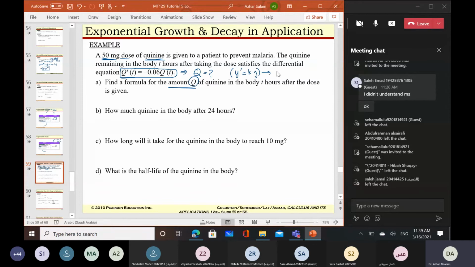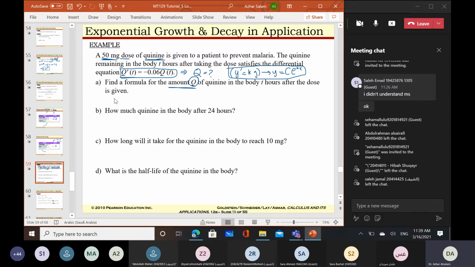We said that its solution is y equal to c, a constant, multiplied by e to the power kx, from the previous discussion. This is the same: y dash, written here as q dash, equals a number k multiplied by y, and y is Q.